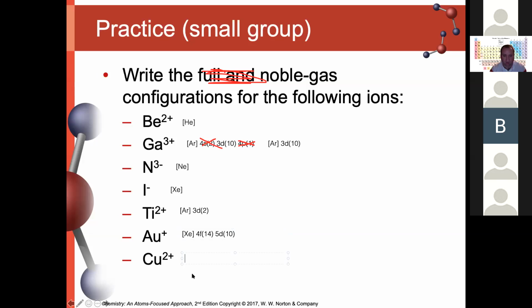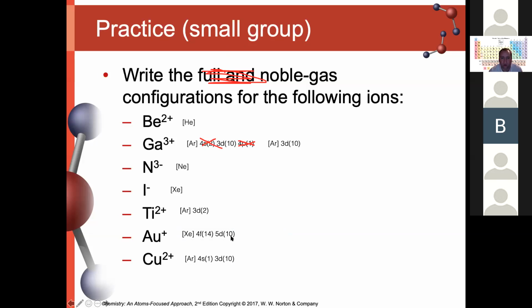All right. For copper, again, let's start with the primary configuration of the atom: argon, 4s1, 3d10. This is the configuration of the atom itself. Now I need to lose 2 electrons.